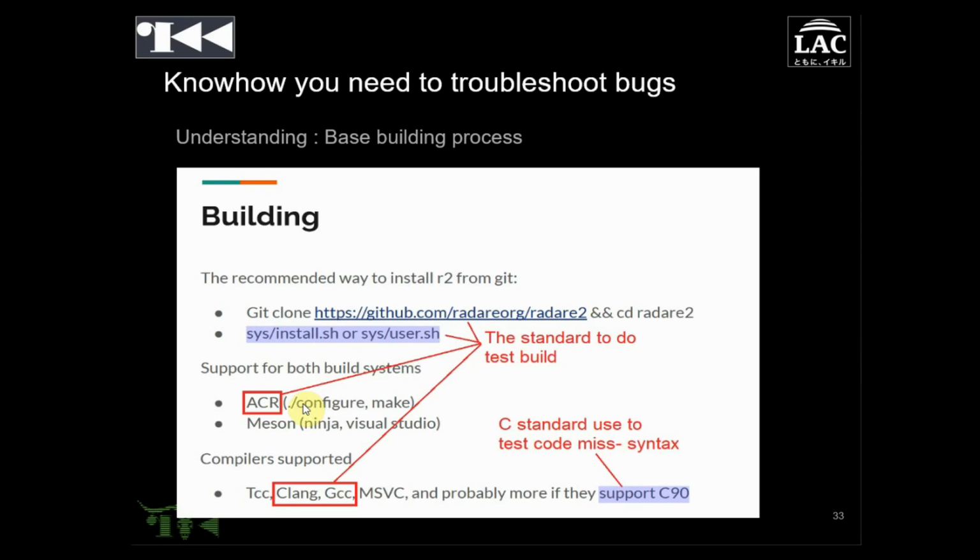And it has ACR, which is commonly used right now, and there is also CMake, depending on the system. The GCC, for example, in BSD becomes Clang, and if you are using OS X, the CC is also Clang, but in Linux probably mostly ACR will work.